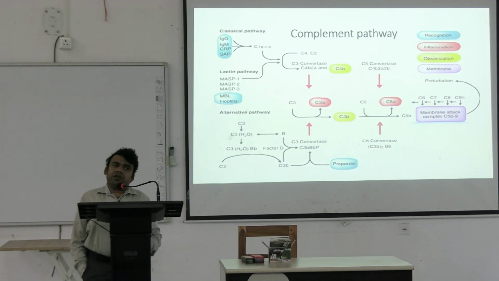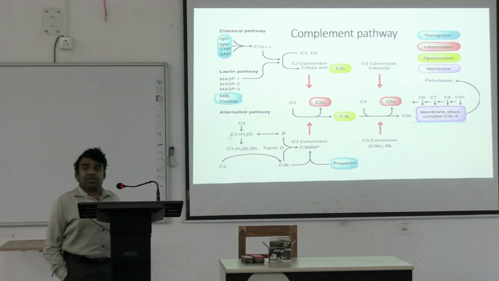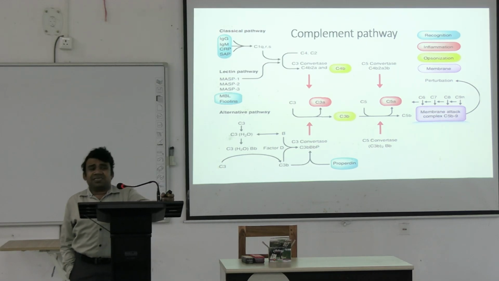That is one part of the immune system, which is also called the complement system. Now as the name suggests, complement means it helps in the action of the other parts of the immune system, that is, it complements. Now what does this system comprise? It basically comprises various proteins that are produced predominantly by the liver.